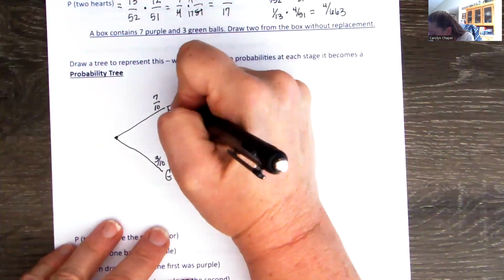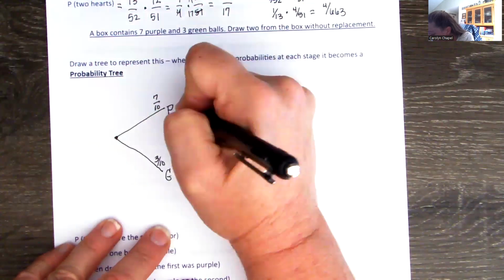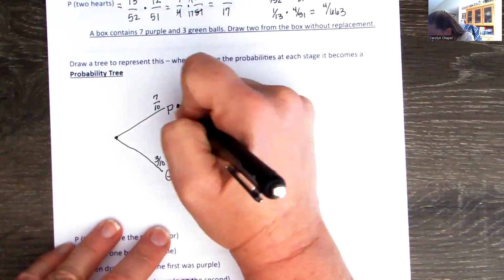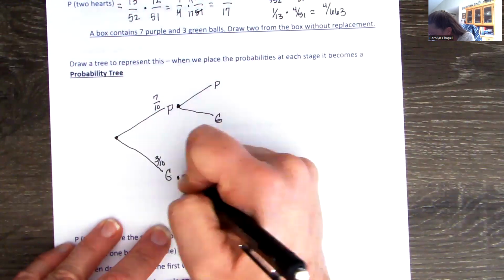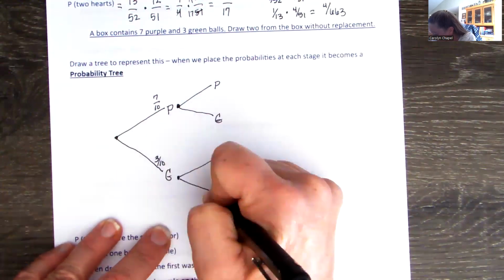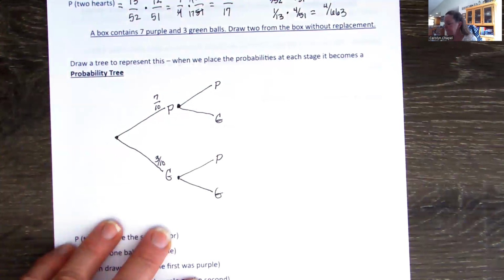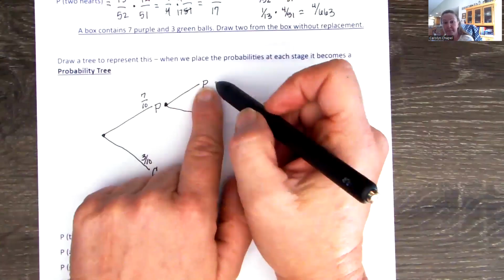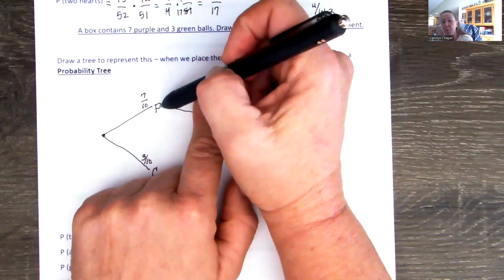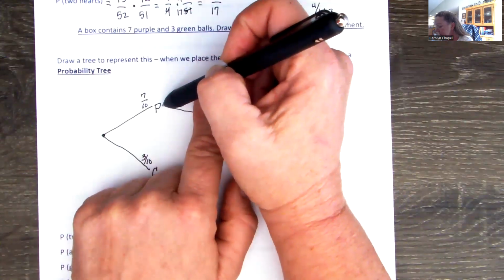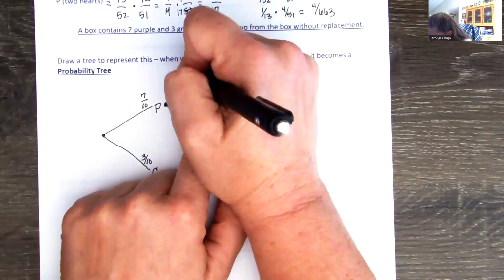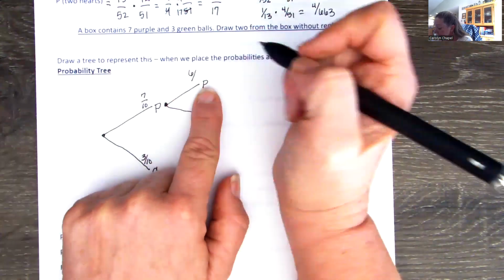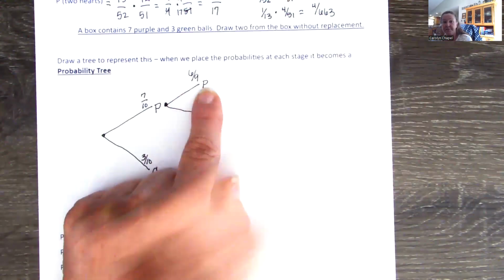From here, we're going to draw another ball. Again, it's either purple or it's green. I'm going to put the probabilities in, but if I'm here, that meant my first ball was a purple, which means there's only 6 purple balls left in the bucket, and there's 9 total balls.